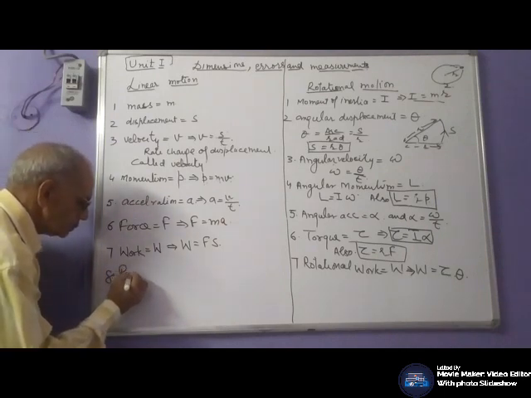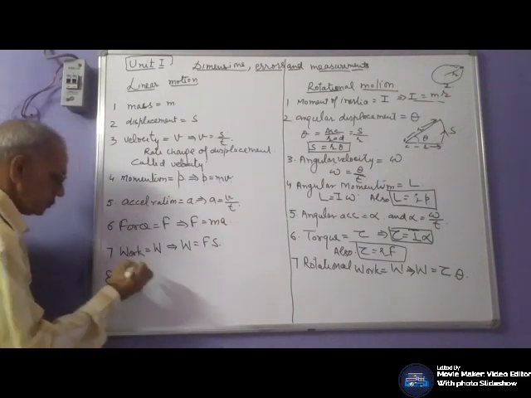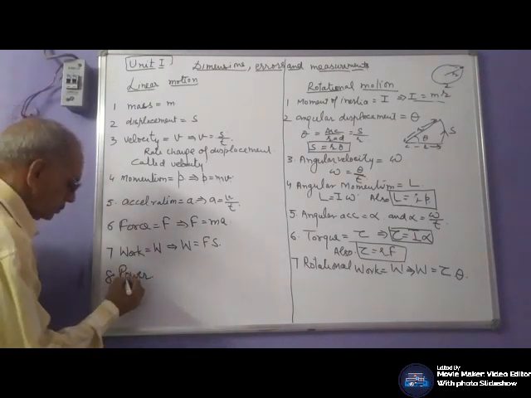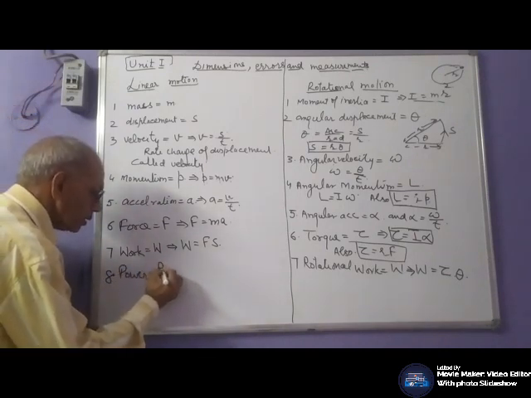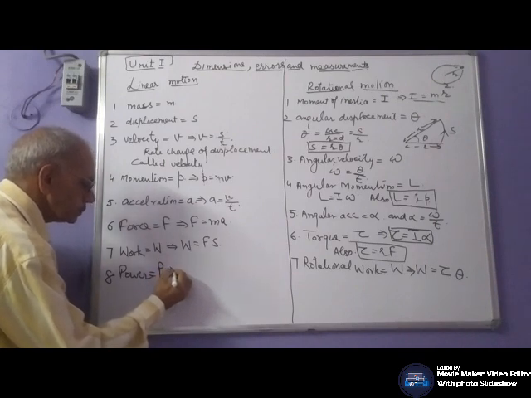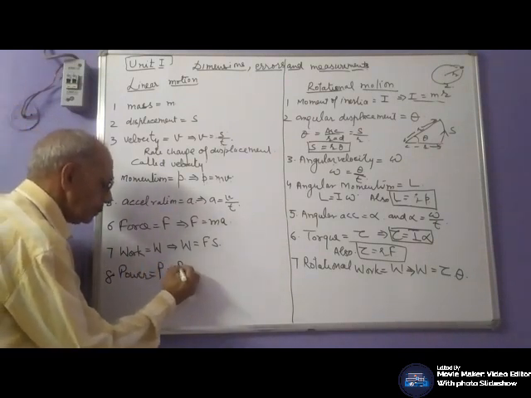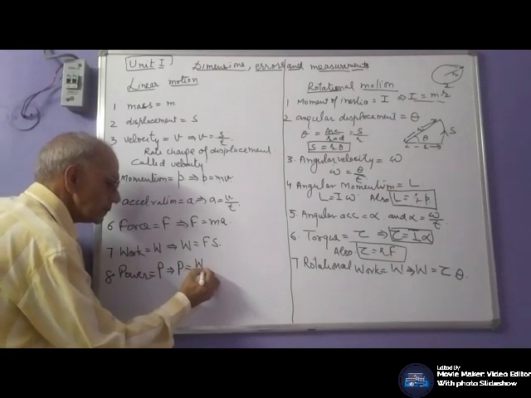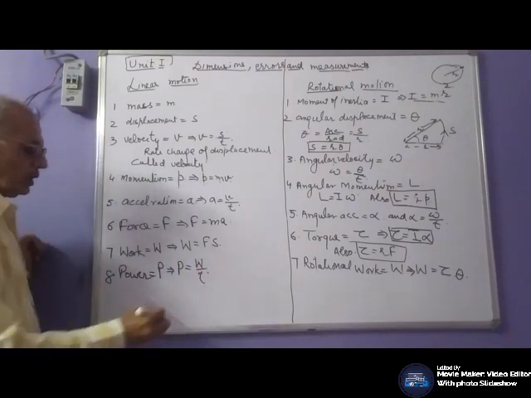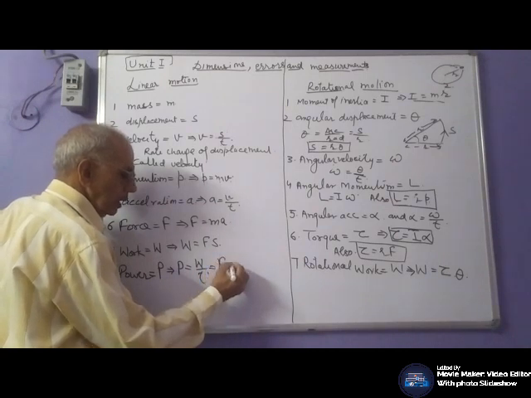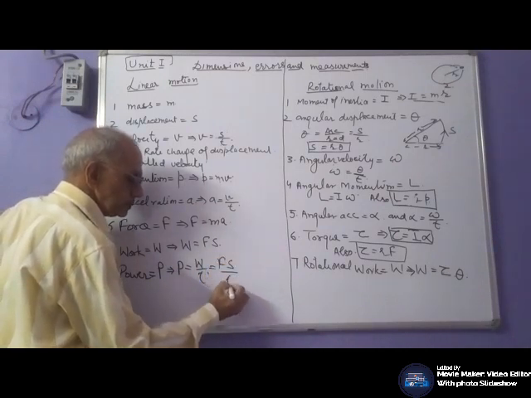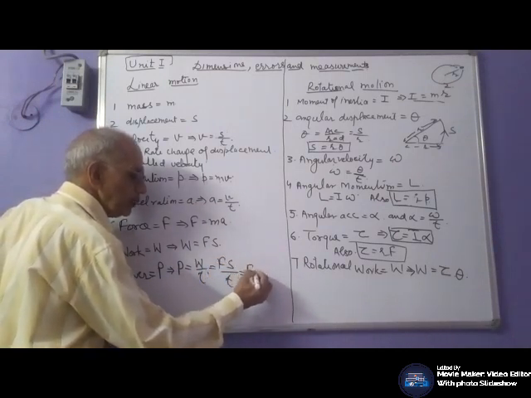Power, symbol capital P, and capital P is W by T. W is Fs by T. It is Fv.